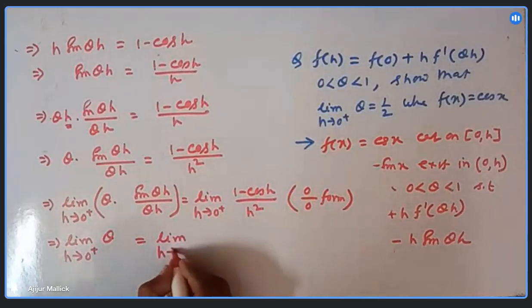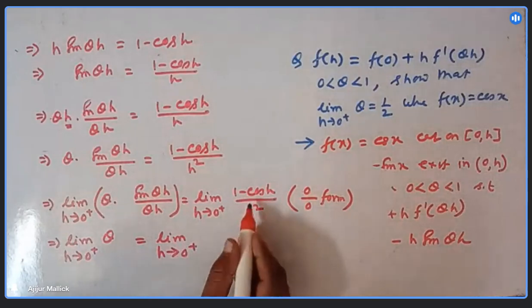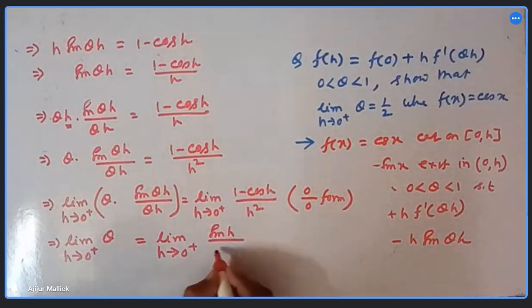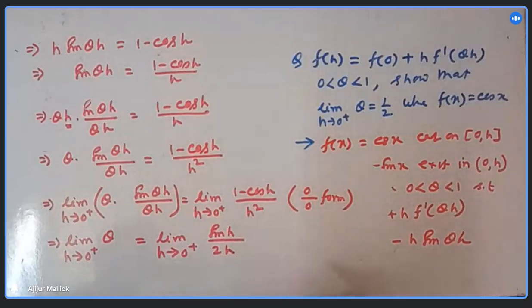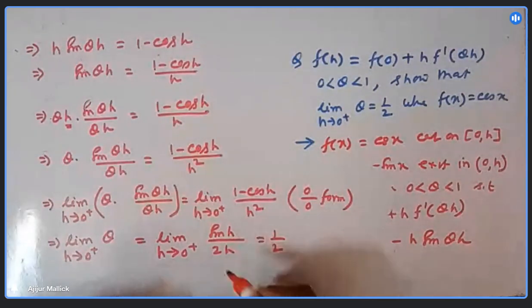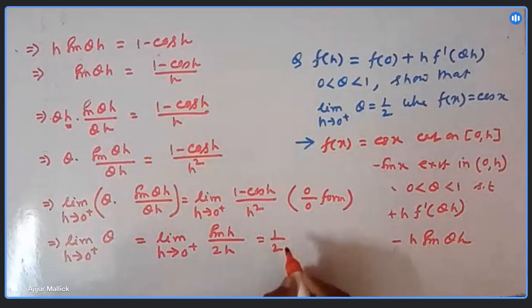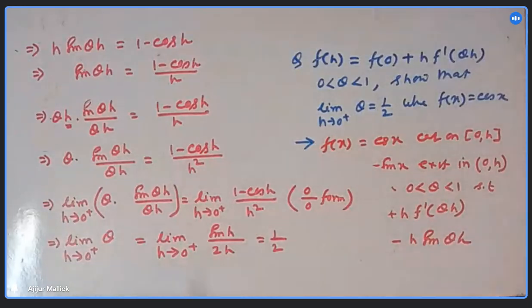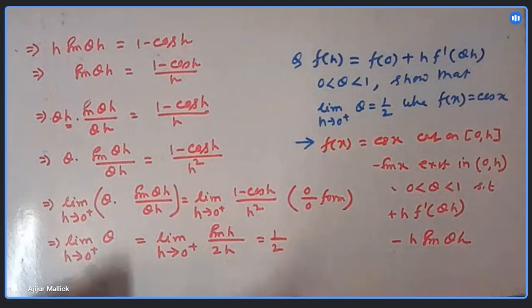So it is limit h tends to 0 plus of sin h divided by 2h. I can take the 2 outside the limit, and then the limit of sin h by h is 1. So ultimately we get limit h tends to 0 plus of theta is equal to 1 by 2.